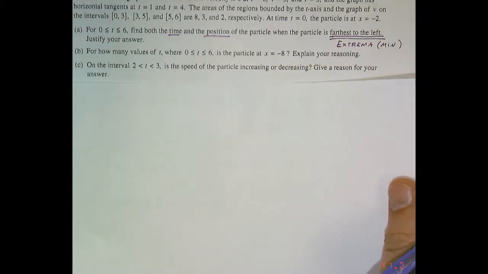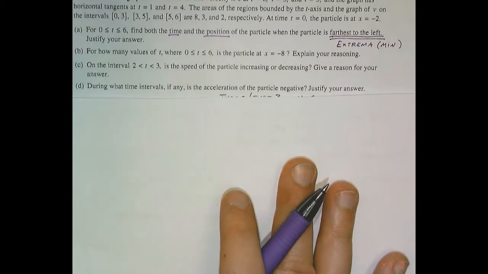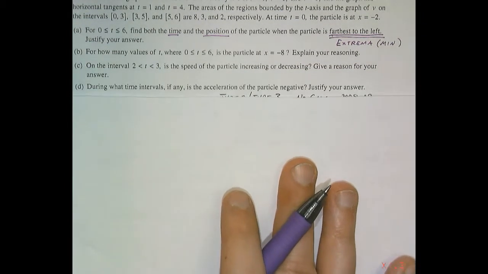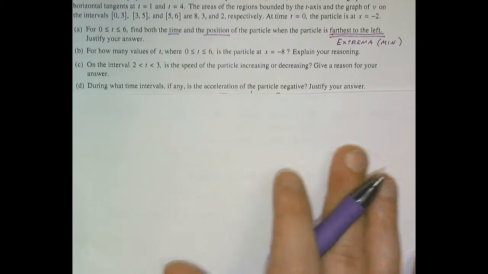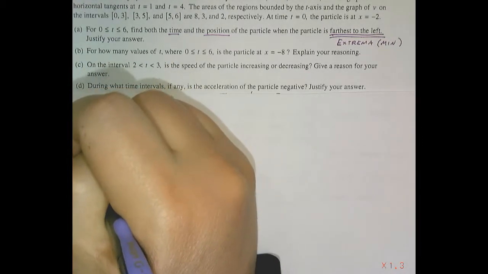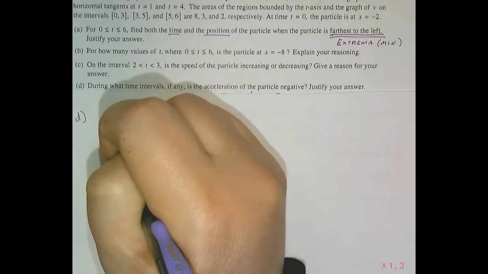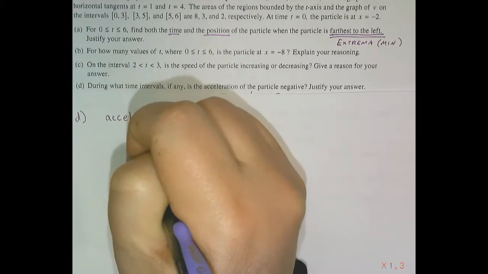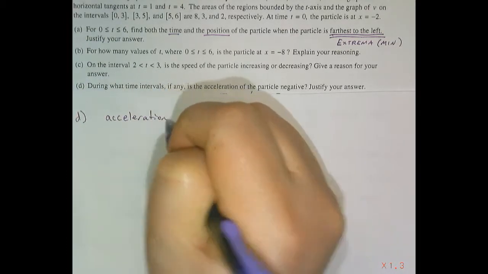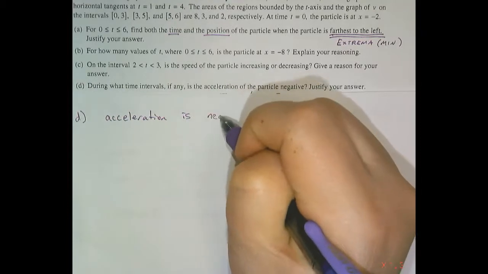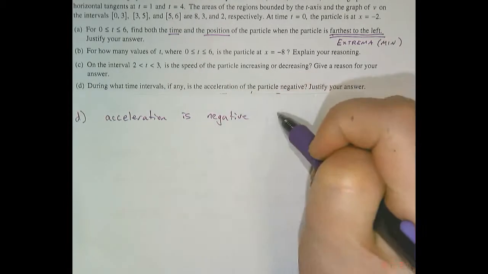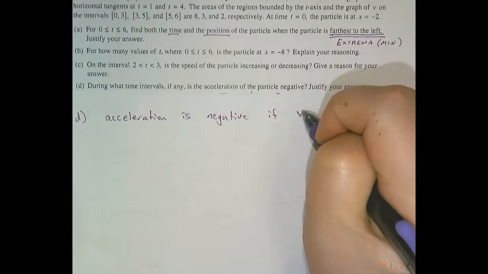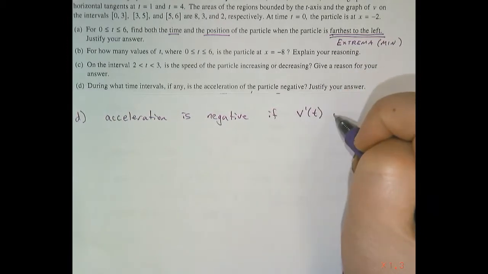Finally, looking at part D, during what time intervals, if any, is the acceleration of the particle negative? So in part D, acceleration is negative if v prime of t is negative.